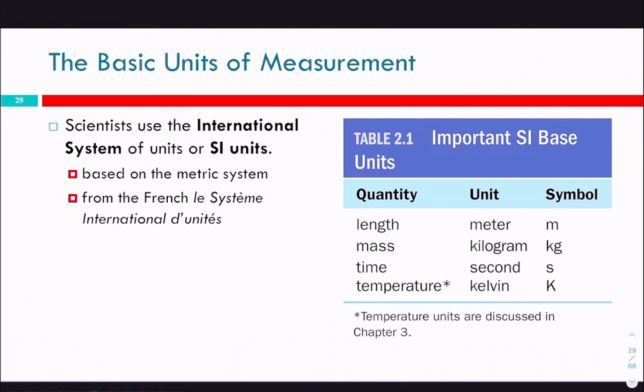Those same prefixes can be used for length, meters, or mass, which is grams. Here, the kilogram is what we define the gram based on, but the base unit is the gram. And then time will be in seconds, and temperature is actually in Kelvin, which we haven't talked about yet, but we'll get there.